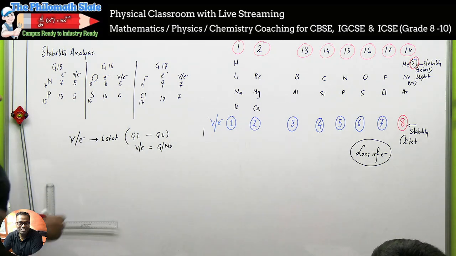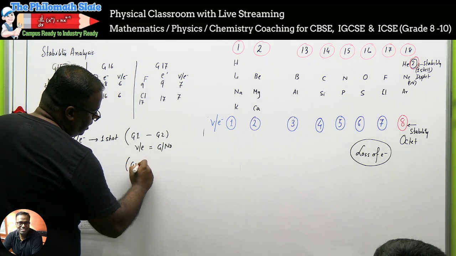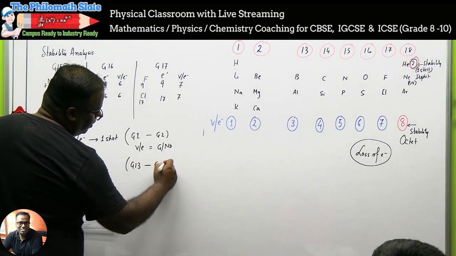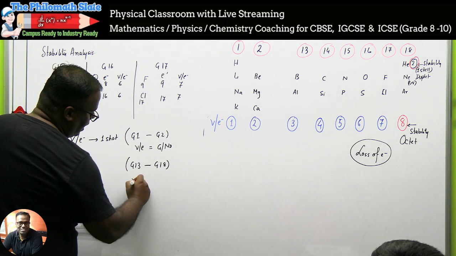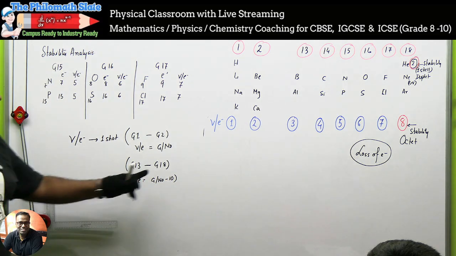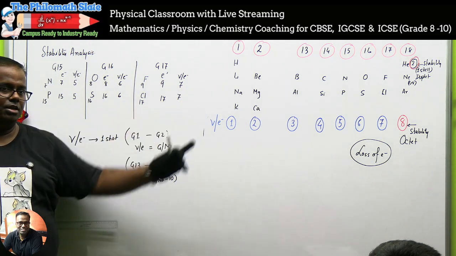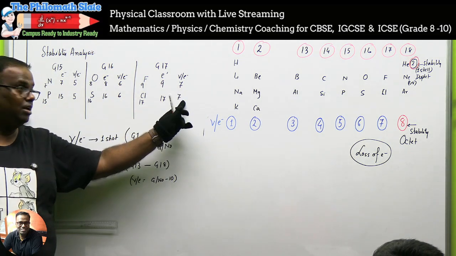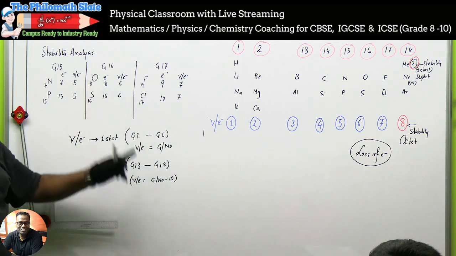And for G13 to G18, the valence electron is group number minus 10. Yes. 18 minus 10 is 8, 17 minus 10 is 7, group 16 minus 10 is 6.